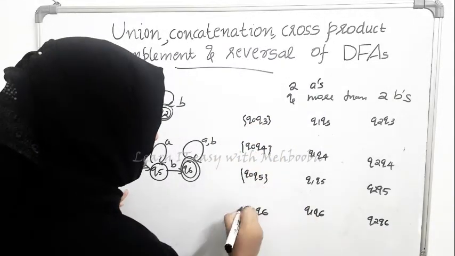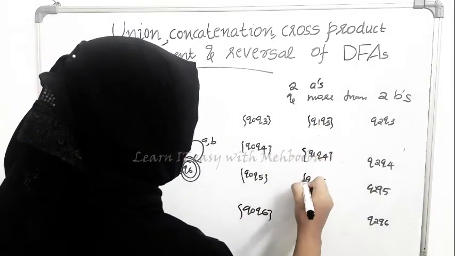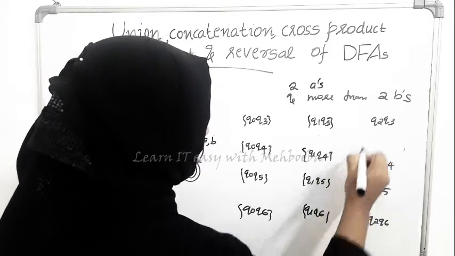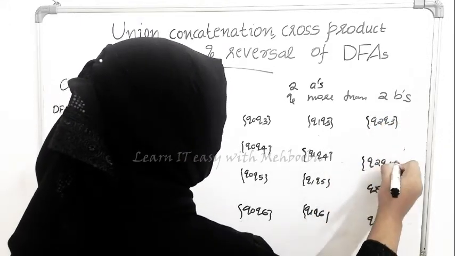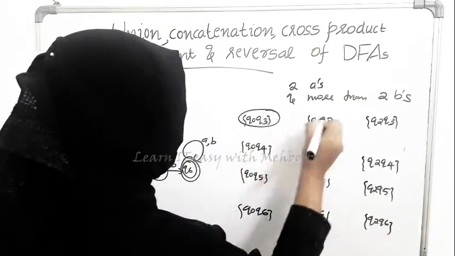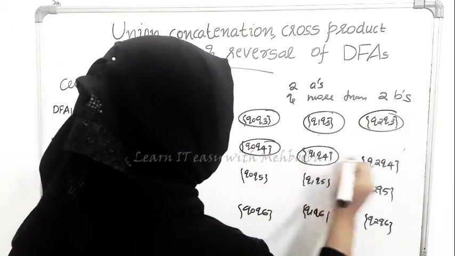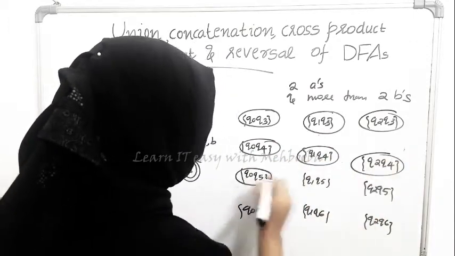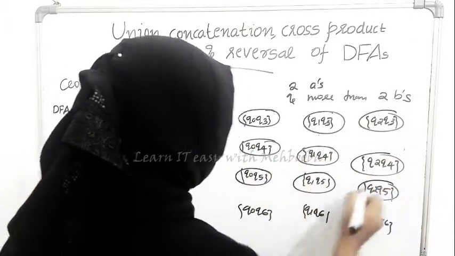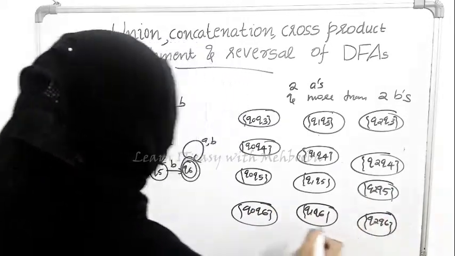So again, as I have told you in the previous example, the start state of this DFA is the set containing the start states of both the DFAs. The start state of DFA 1 is Q0 and the start state of DFA 2 is Q3.